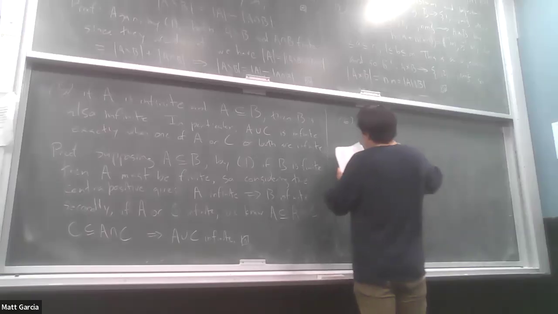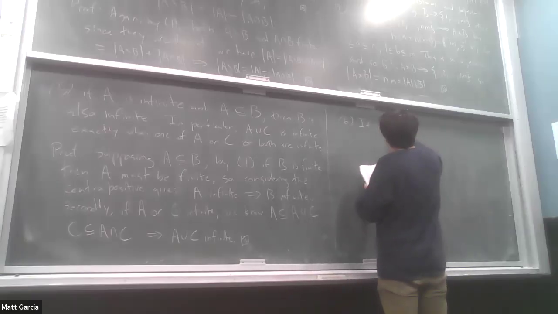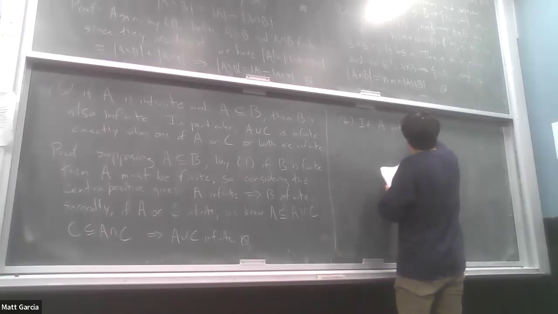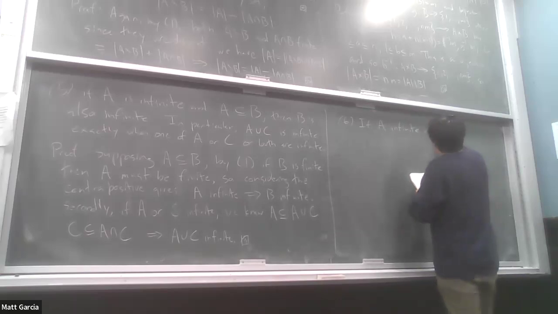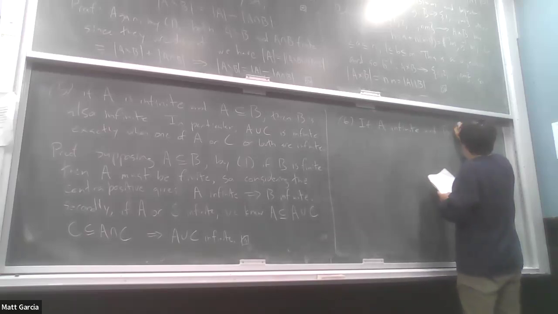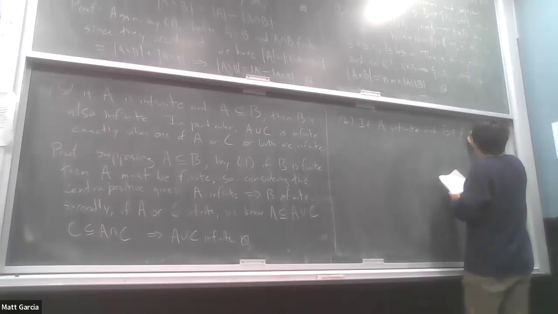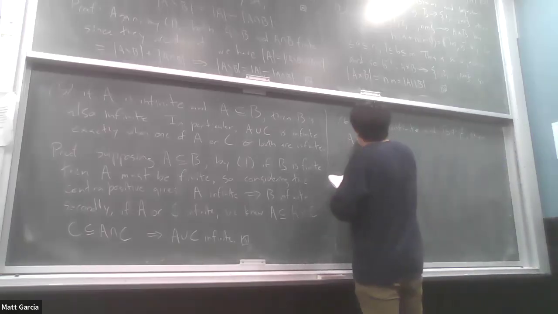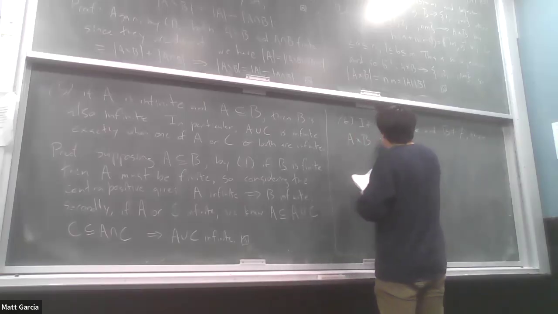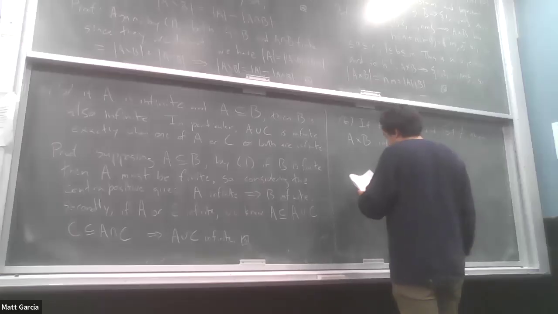Six: if A is infinite and B non-empty, then we must have A cross B infinite.